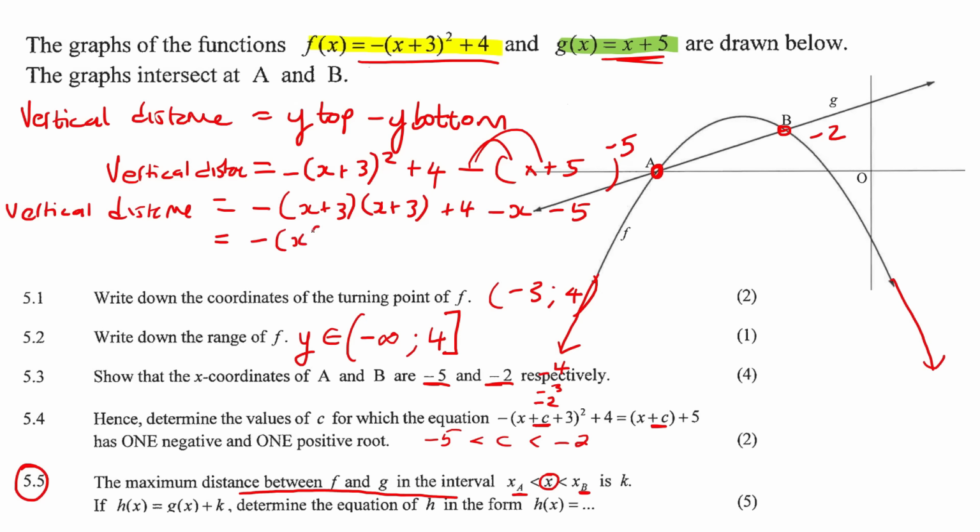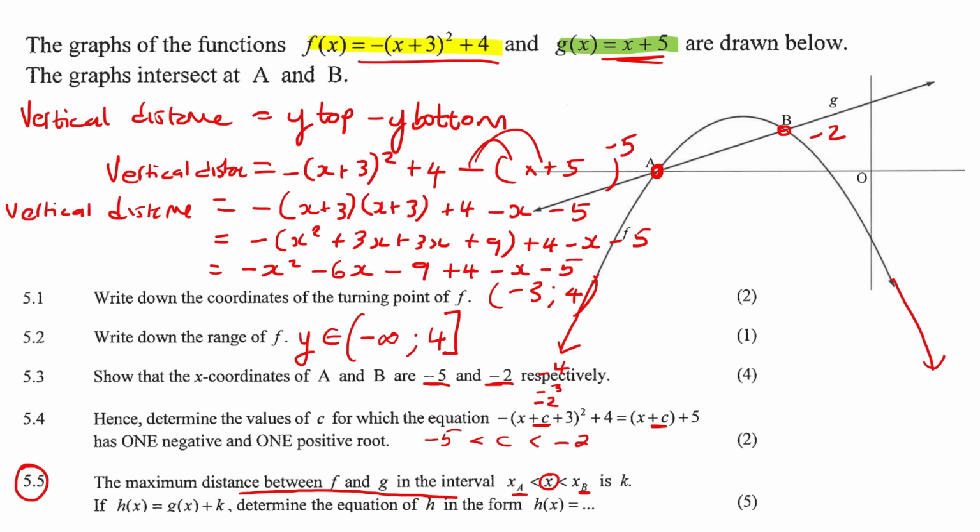And so we're just going to say x squared plus 3x plus 3x plus 9 plus 4. Take away x, take away 5. Okay, put the negative into the bracket. It'll become negative. These two together will be 6x. But if we put the negative in, it'll be negative. And then that'll become negative 9 plus 4 minus x minus 5.